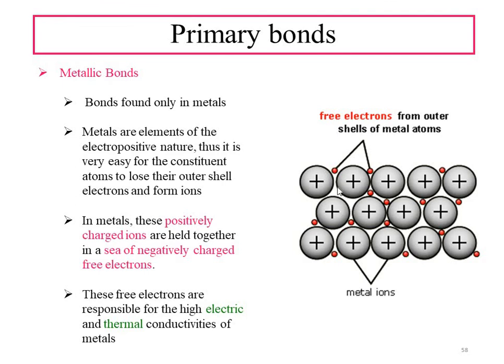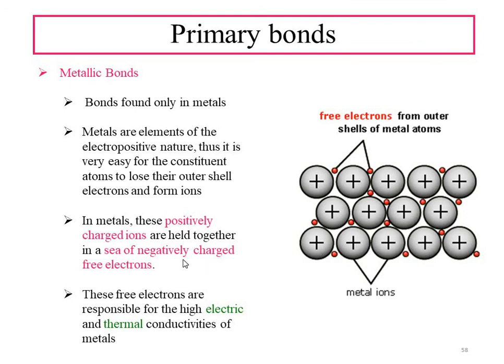So what about metals? Free electrons from the outer shells of the metals, the valence electrons, will easily flow throughout with no restrictions, because the proton won't say that this is my electron. It can be shared anywhere.